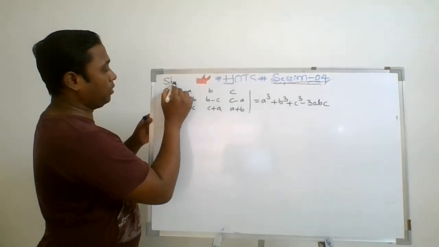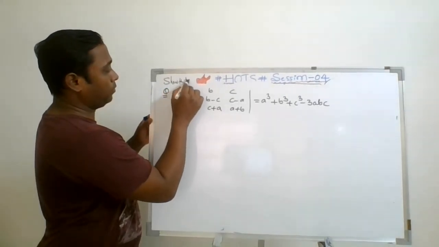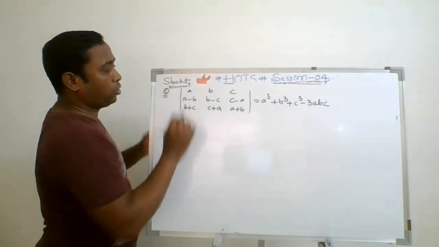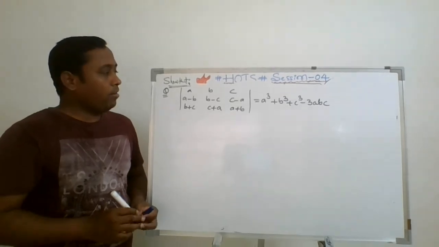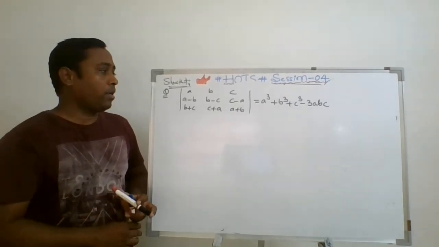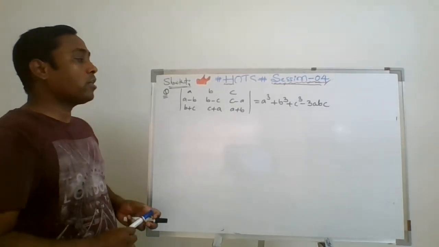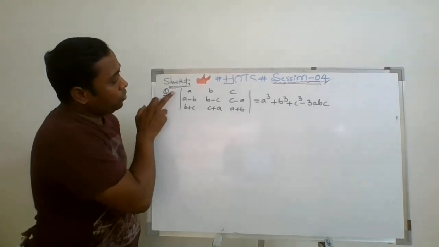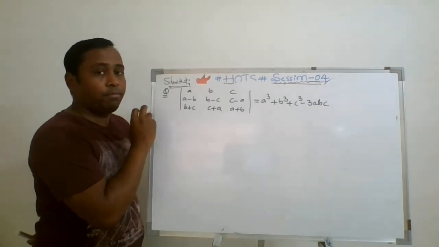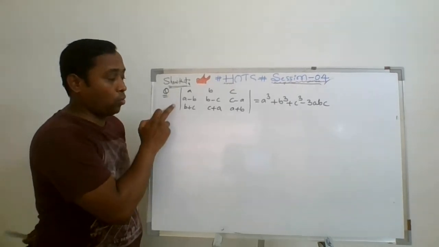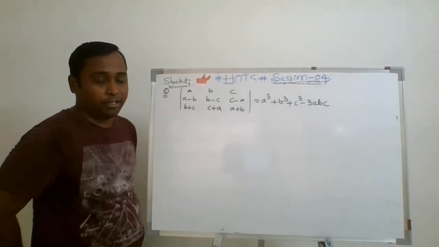Okay, show that this determinant value is this. It's again a very simple logic to start the question. If you observe the elements of row 1 and row 3, by adding row 1 and row 3, you will get one common factor.